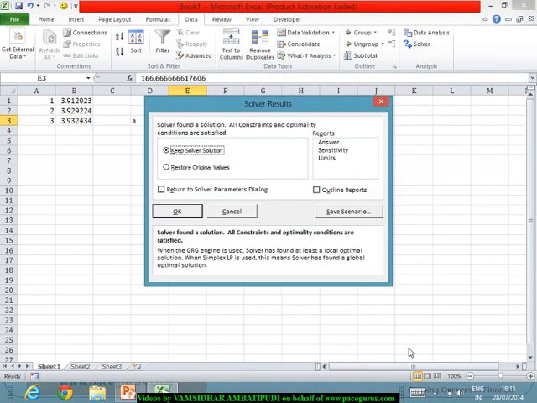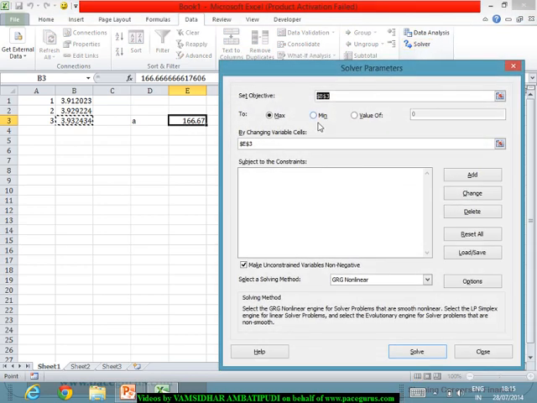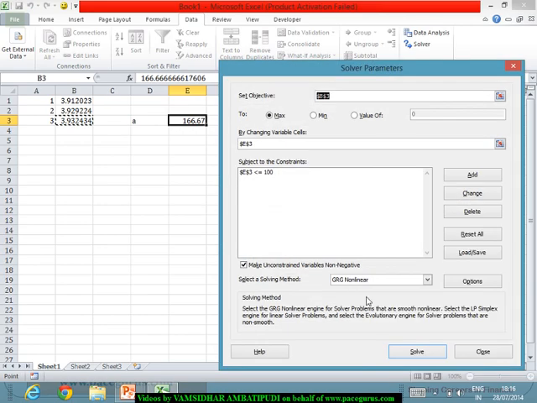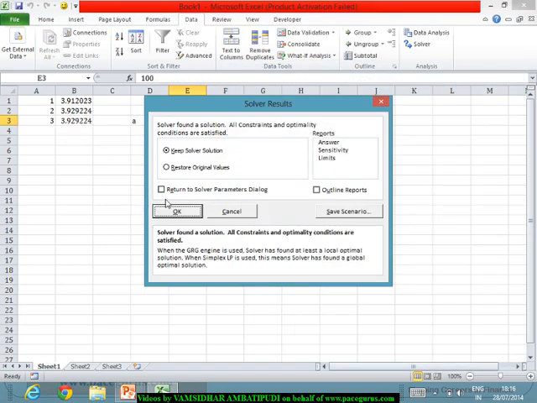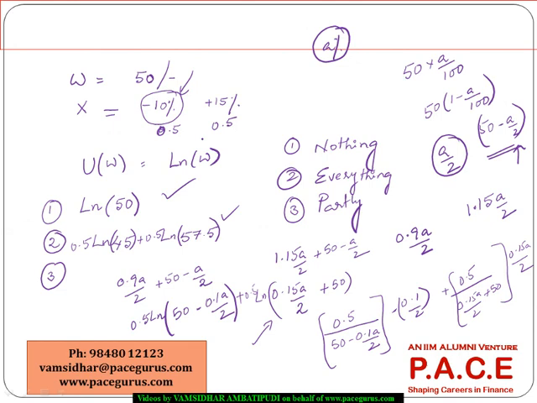Probably here I may have to say that it can't be more than 1, so I'll put one constraint saying that this number should be less than or equal to 100 only. It has come out to a mechanism saying I invest the entire 100% of it. This is going to do the maximization job for me.